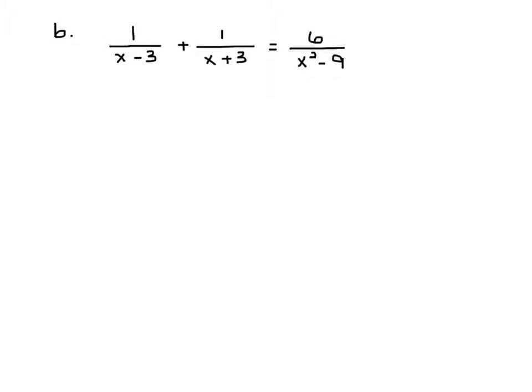Alright, so for example B, I'm going to factor my x squared minus 9, which would be x plus 3 times x minus 3, and my other denominators are x minus 3 and x plus 3. So my LCD is going to be that product of x plus 3 times x minus 3. So when I multiply it, my x minus 3's cancel, and I have 1 times x plus 3.